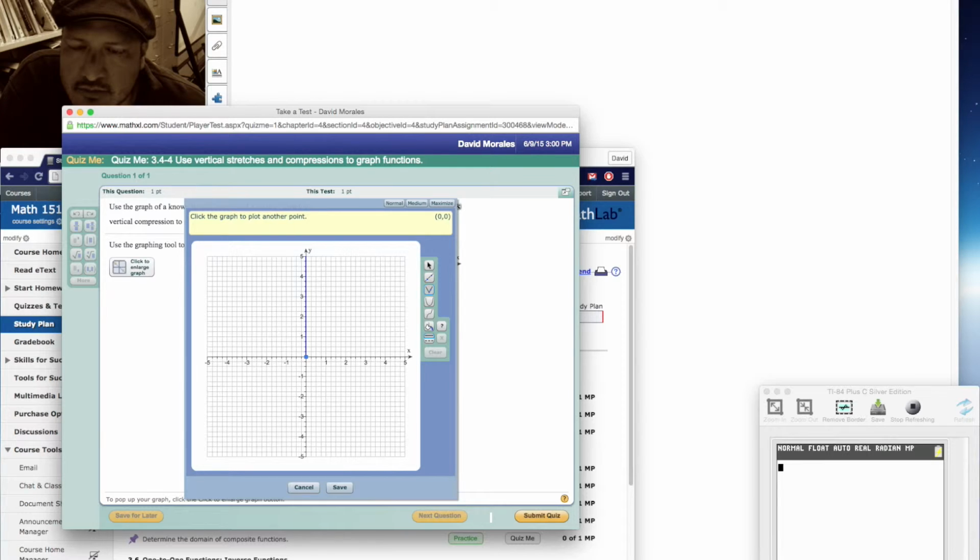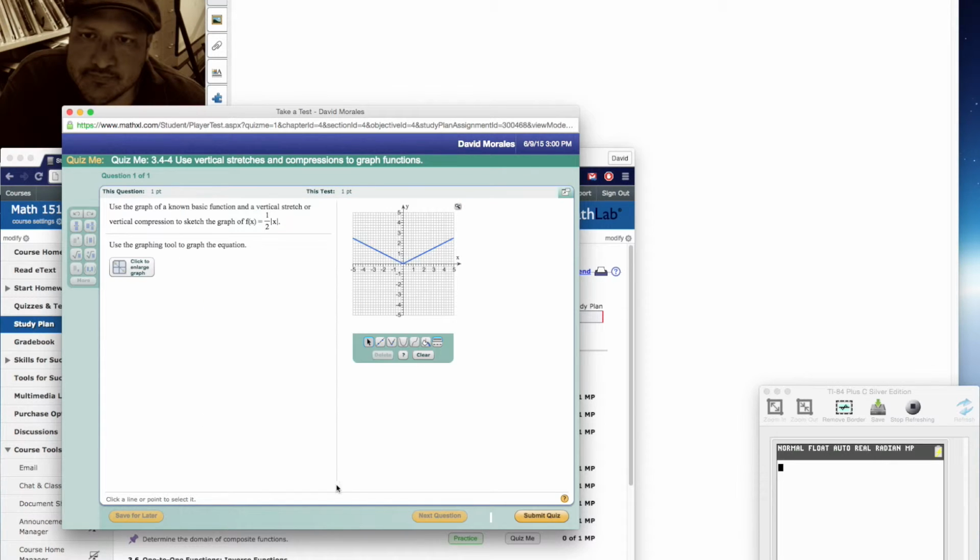Now instead of going up by 1 when it goes over 1, it's going to go up by half, or we can think of it as it goes over 2 and it goes up by 1. So you can see this is what it normally looks like, but we're shrinking it down like this. It's half of what it used to be.